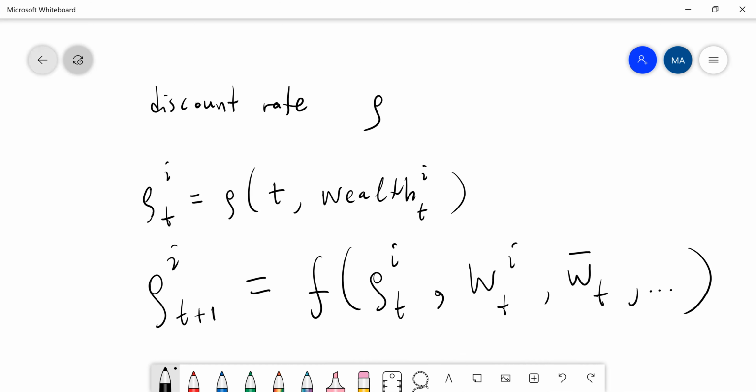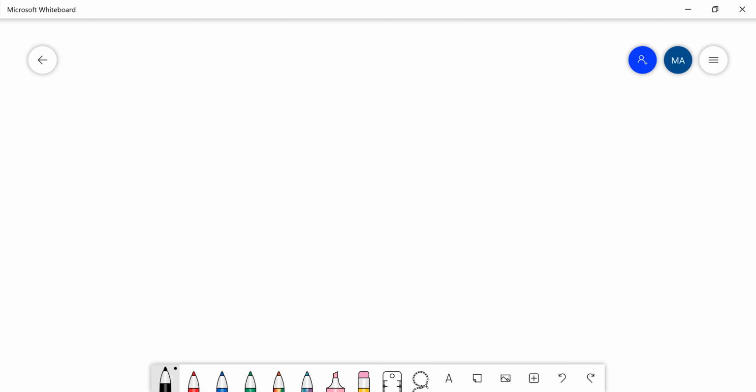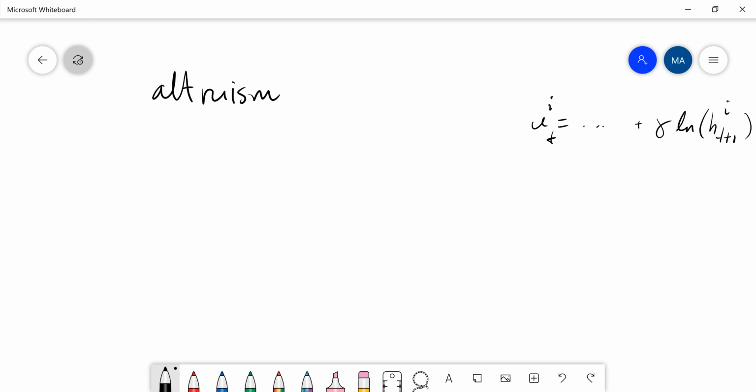Now, one other thing was altruism, right? And I already kind of talked about this when I wrote this utility function that depends on the kid. So the agent's utility function depends on the kid's human capital, right? So gamma here is the altruism parameter.